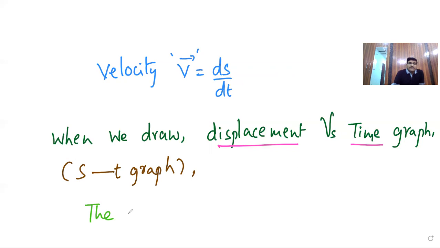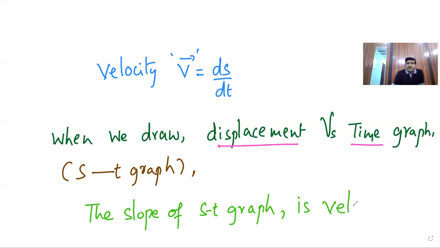The slope of the ST graph is velocity. We have seen in the previous session, the slope of the ST graph is nothing but velocity. This we know from the earlier concepts.